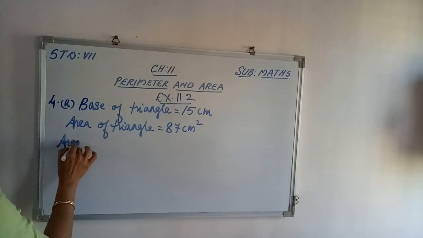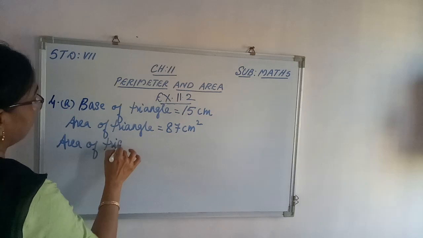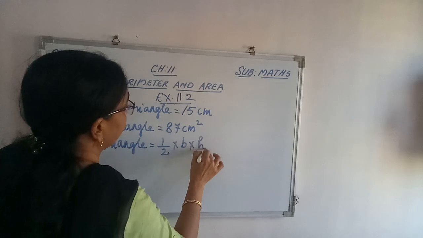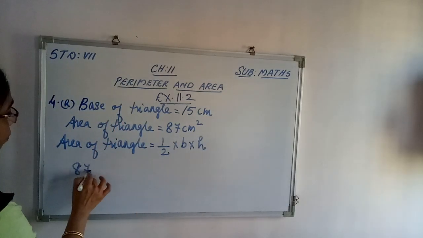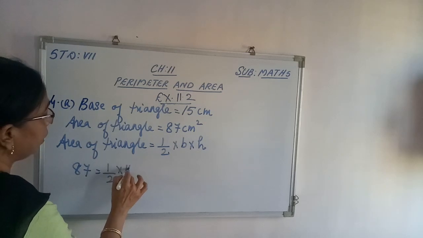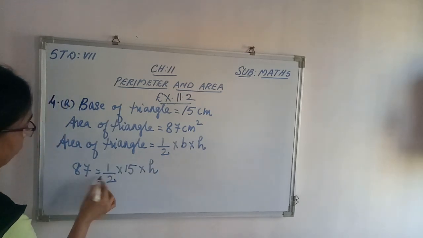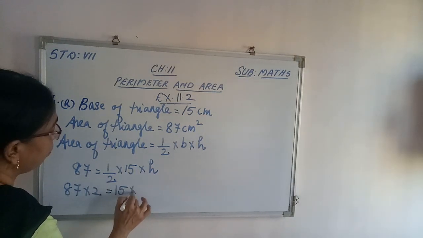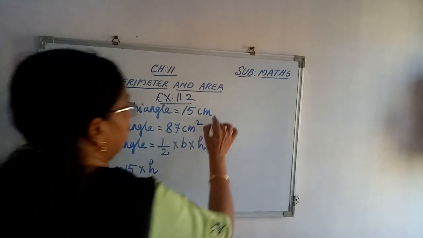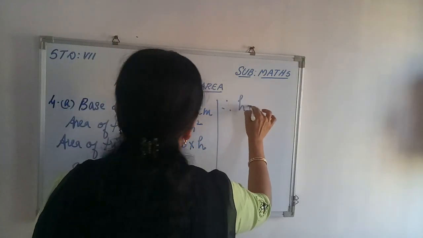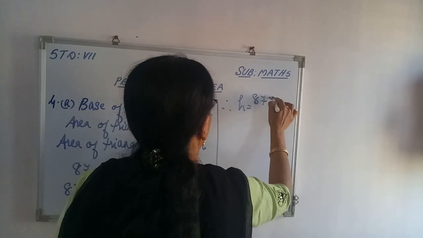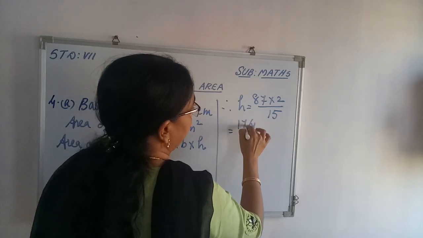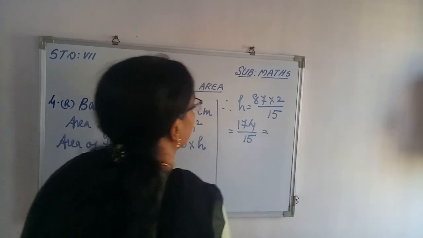Formula: area of triangle is half into base into height. Substitute the value. 87 is equal to half into 15 into height h. 87 multiplied by 2, cross multiplying, we get 15 into h. Therefore, h is equal to 87 into 2 divided by 15. That's equal to 174 divided by 15.